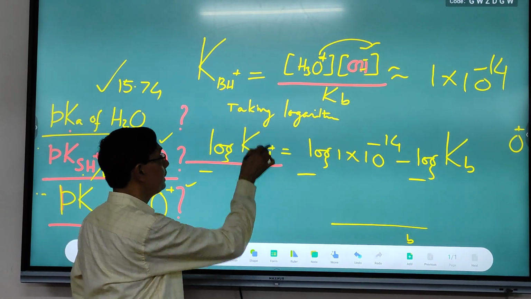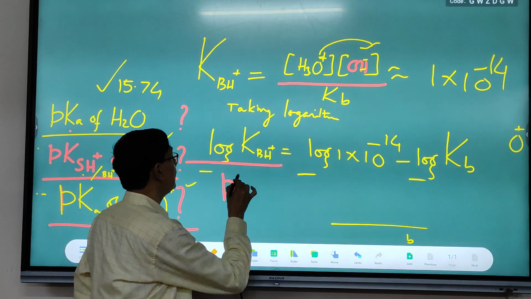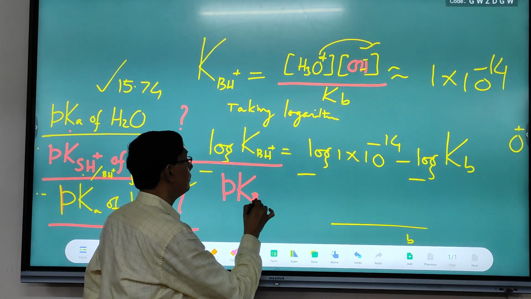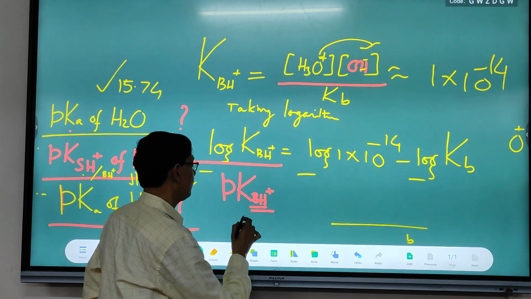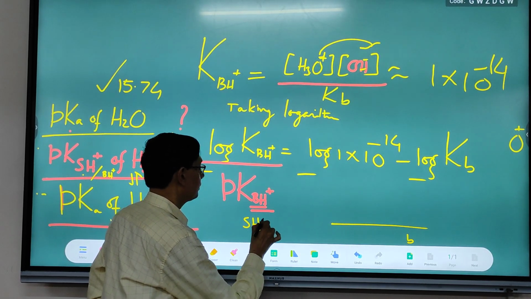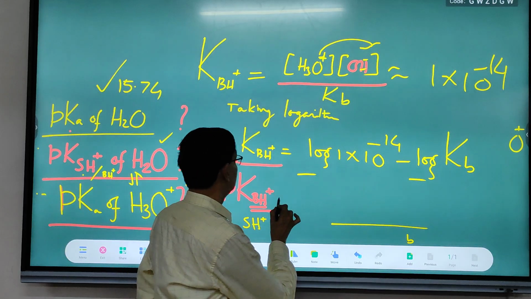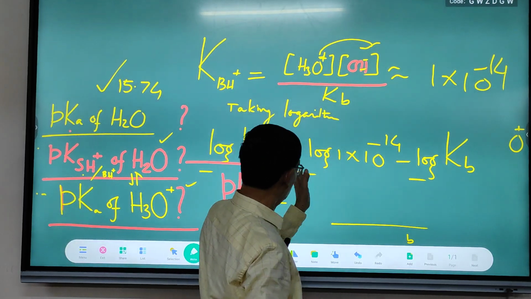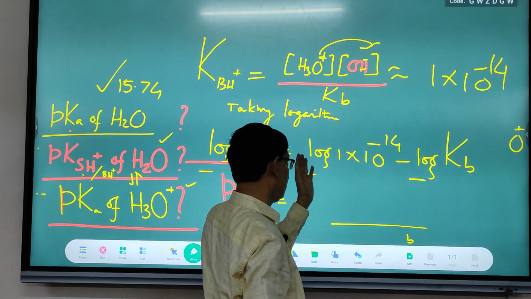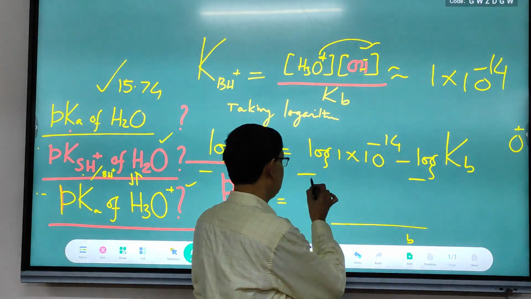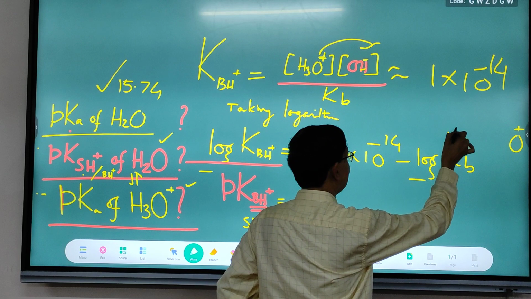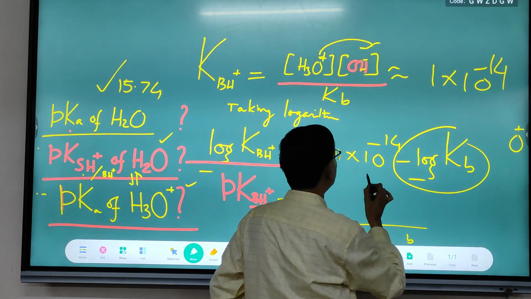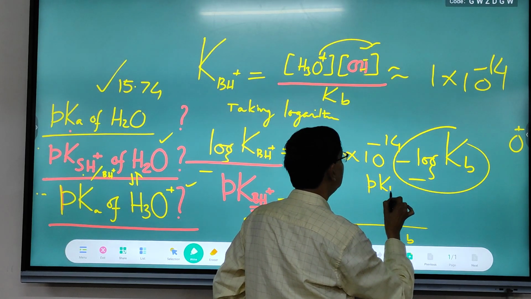So it is minus pKBH is equal to pKBH of water, or if you want to write here SH, no problem. So it is 14 minus log KB is equal to pKB.